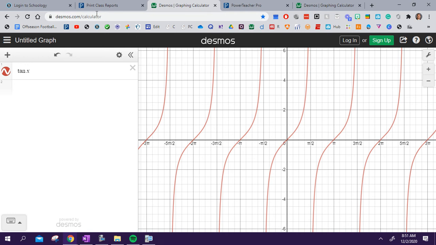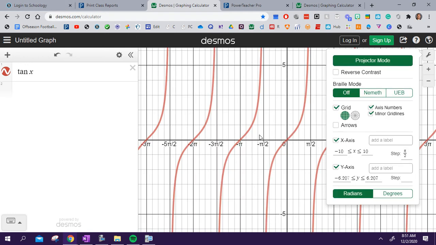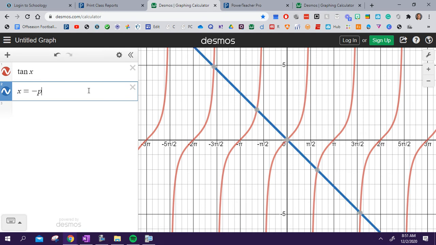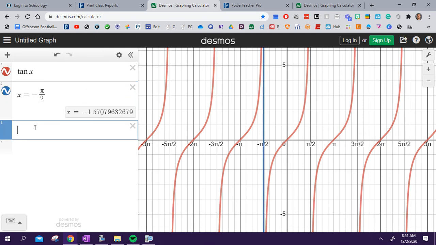What quadrants do we look at for inverse tangent? 1 and 4, right? Our answer is between negative pi over 2 and pi over 2.